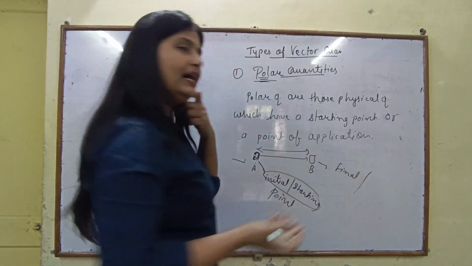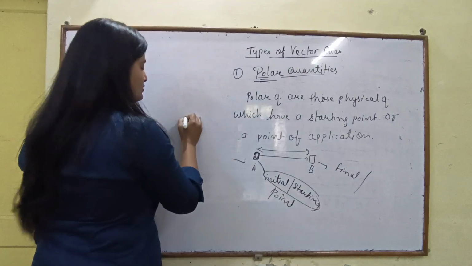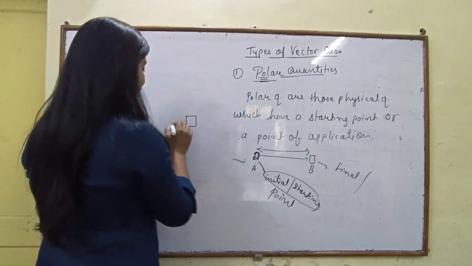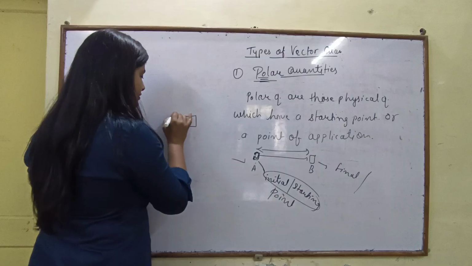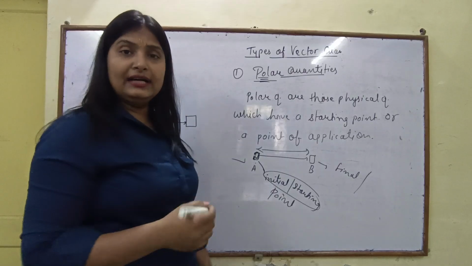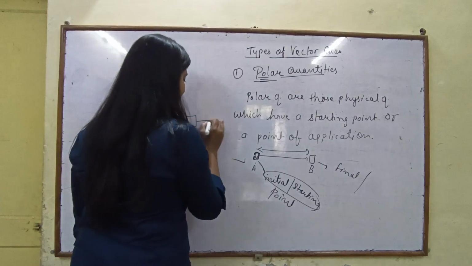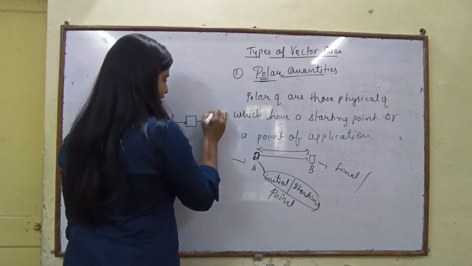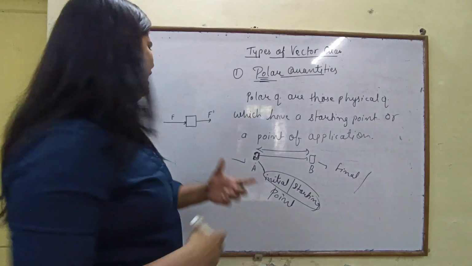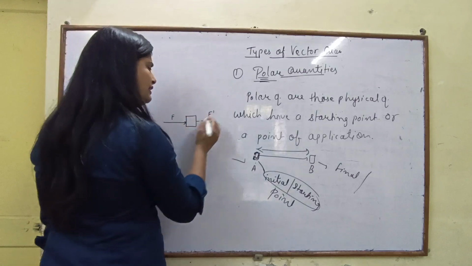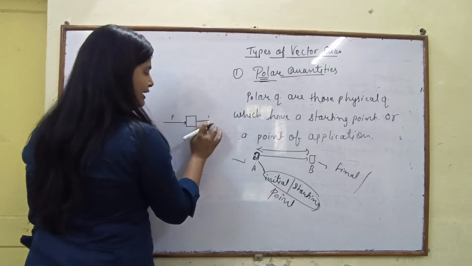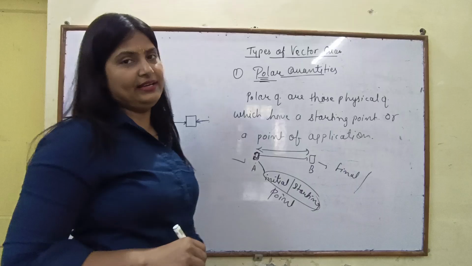As well as we take another type of example, like this box, applying a force F in the east direction, and then another force F dash is also applied in the same direction. Otherwise you can see, this is in the east direction, and another force is applying in the west direction.